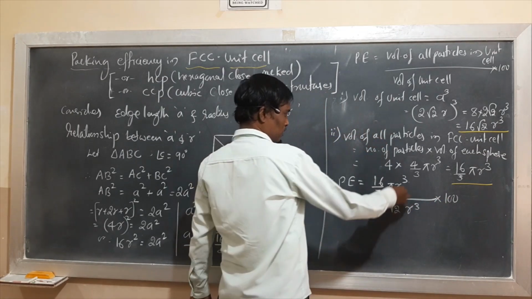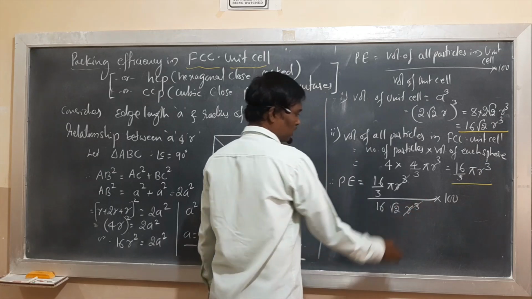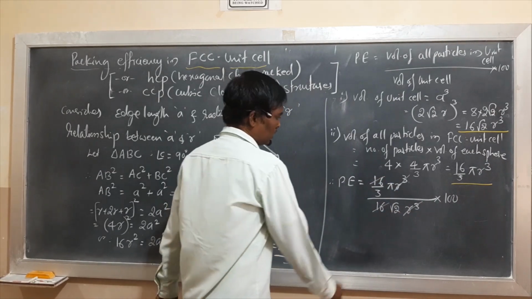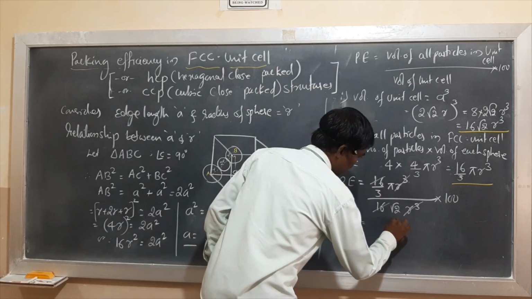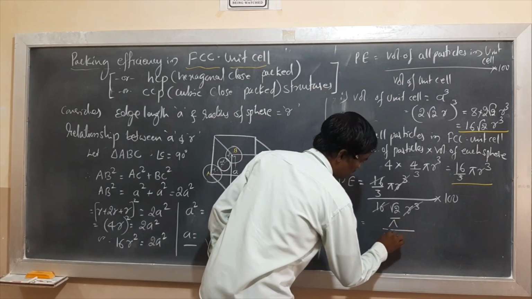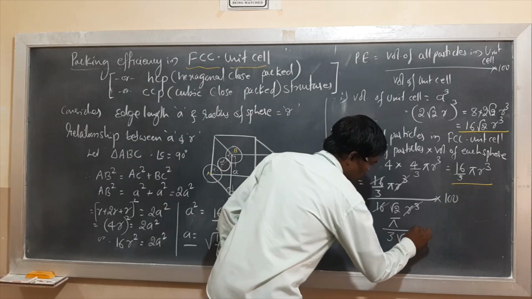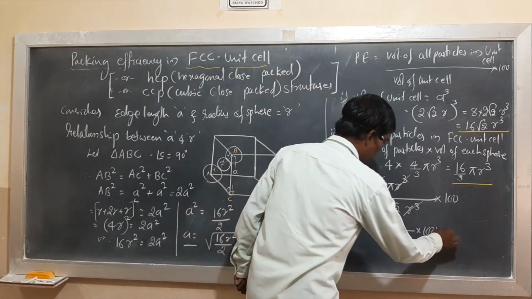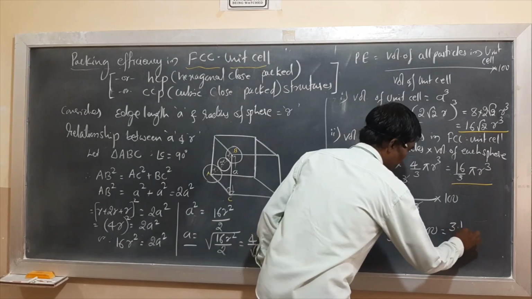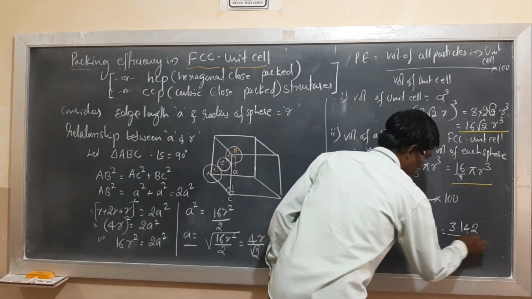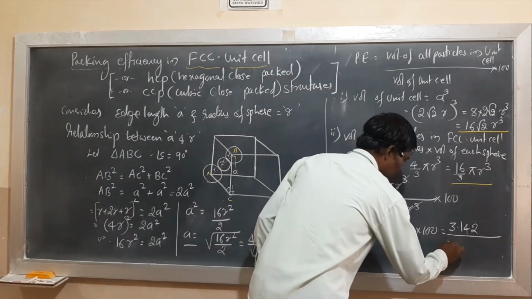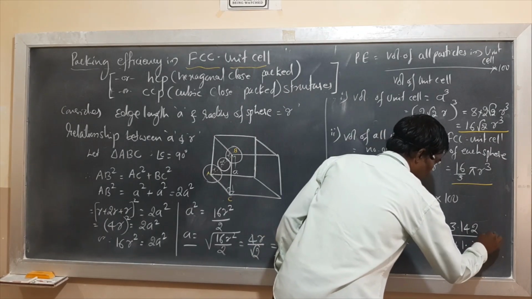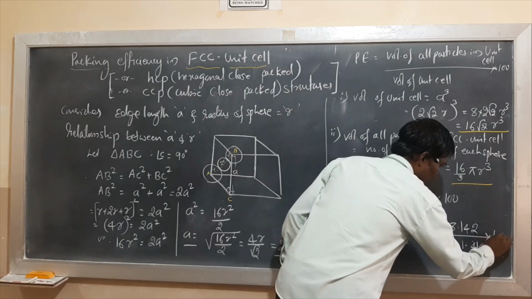So here r cube cancels, 16 cancelled, and remaining is in numerator pi remains, in denominator 3 root 2 into 100. Now the value of pi is 3.142 divided by 3 into root 2 value, we know 1.414, multiplied with 100.